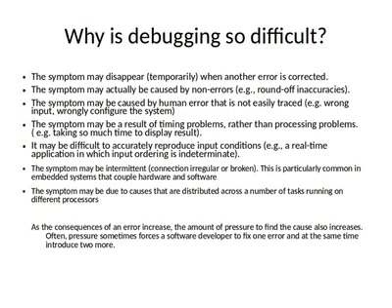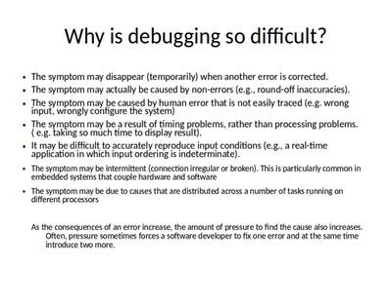The symptom may be due to causes that are distributed across a number of tasks running on different processors. Brian Kernighan says everyone knows that debugging is twice as hard as writing a program in the first place.